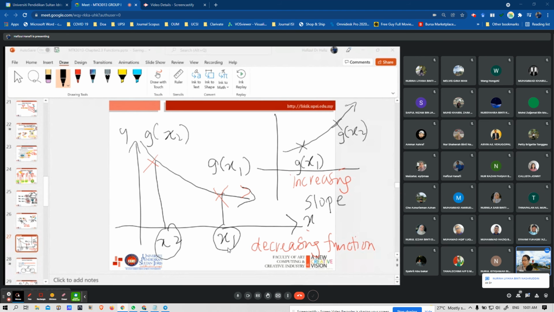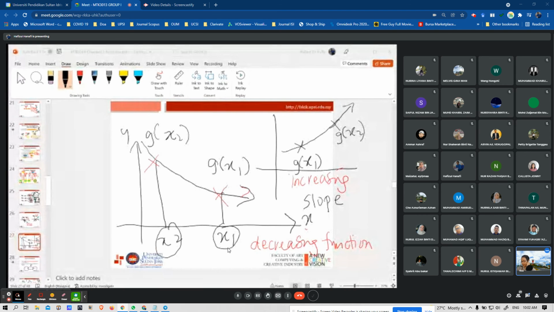Okay, I give you another example, because this one we have to take note for monotonic functions.